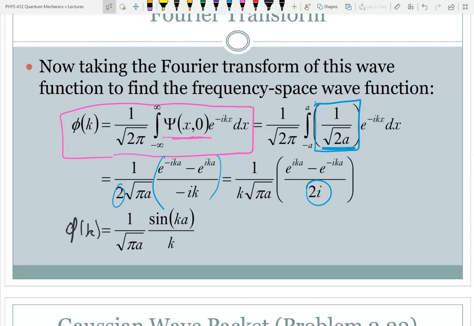So if a is super, super small, I just replace the sine Ka with Ka, and then we say, oh, look, the K's cancel.